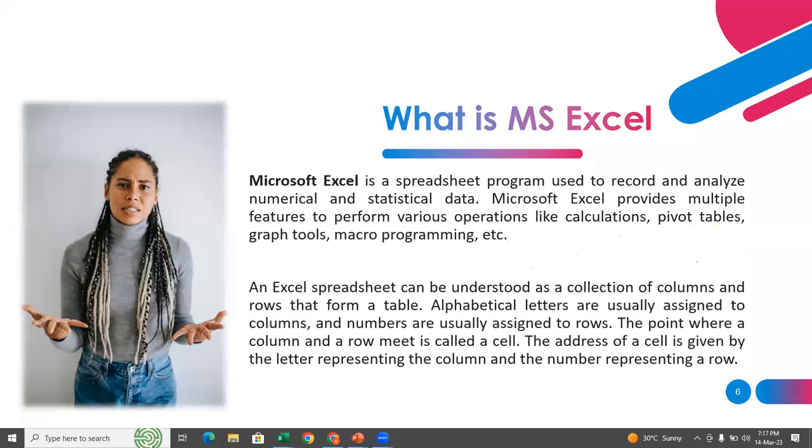So an Excel spreadsheet can be understood as a collection of columns and rows that forms a table. If you don't understand this one, just give me a minute. I will show you in Microsoft Excel now.